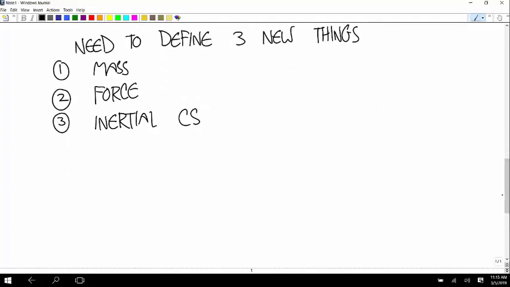I'm going to start by defining mass. That's the simplest of the three. Mass is a positive scalar, so there's no such thing as mass direction. Something just has mass, and it can't have negative mass.